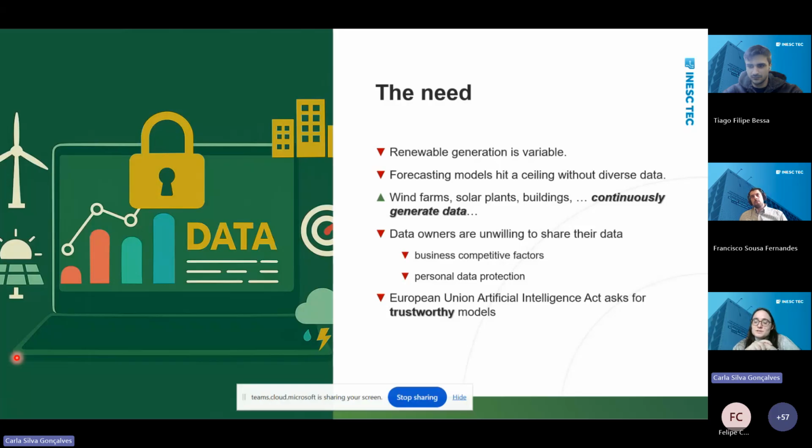But this is not enough because the European Union Artificial Intelligence Act asks for trustworthy models. So we need to ensure privacy and also trustworthiness. And this sometimes is difficult because when we introduce privacy, we encrypt the data, we encrypt connections, so we encrypt everything. So if we encrypt, how can we have a trustworthy model?